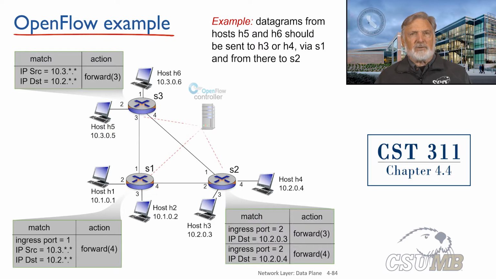For these packets which are received on its port 2, router S2 matches the exact destination IP address to direct the packets to the correct host. Note that these rules determine that the router S3 would not send these packets directly to S2.